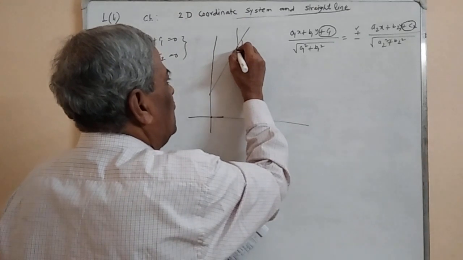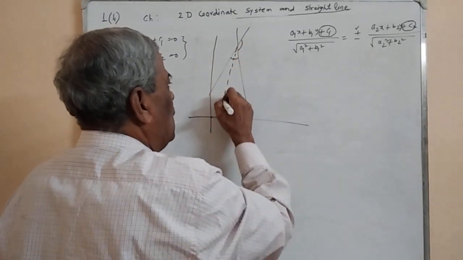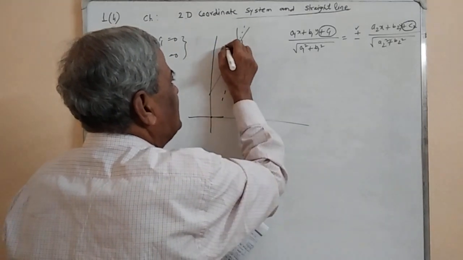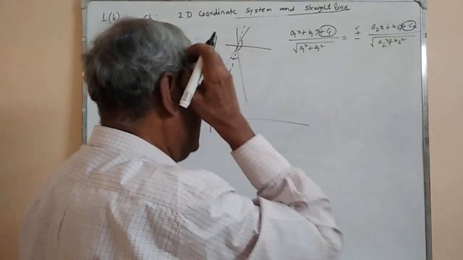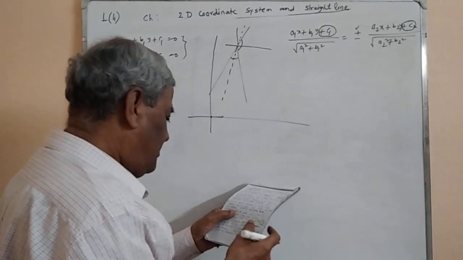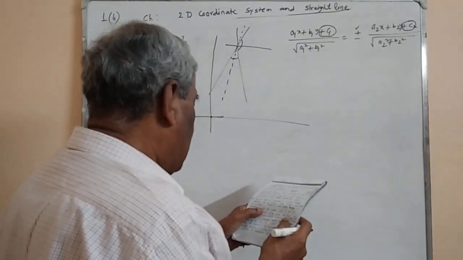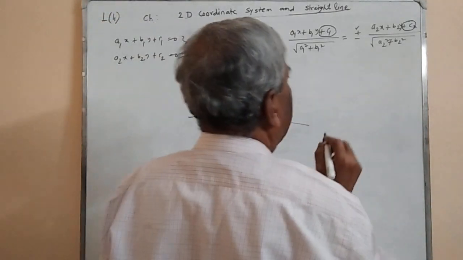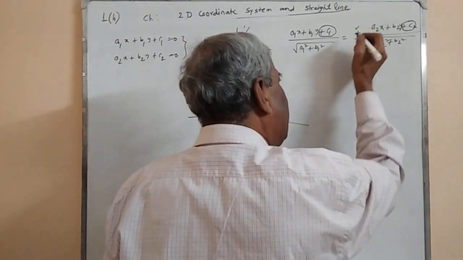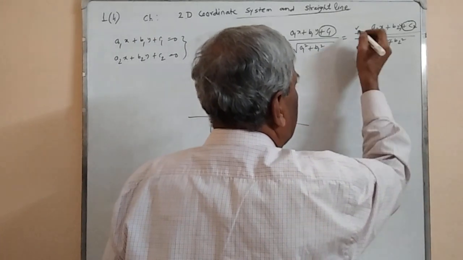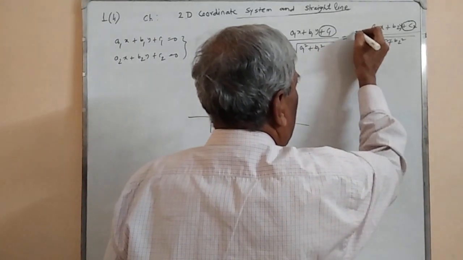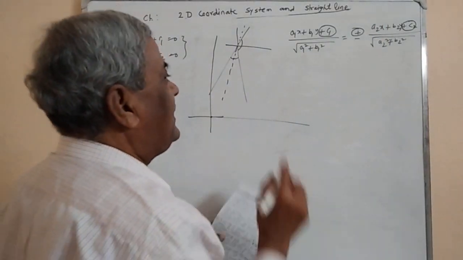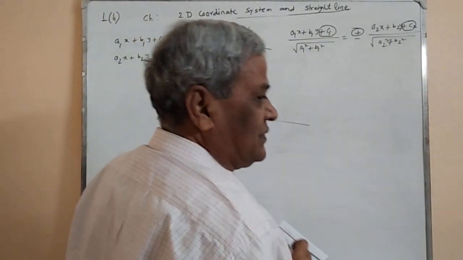Suppose this is one bisector and this is the other bisector. Take any one of the equations of bisector and find its gradient, that is, take the equation of bisector corresponding to the plus sign and calculate its gradient.